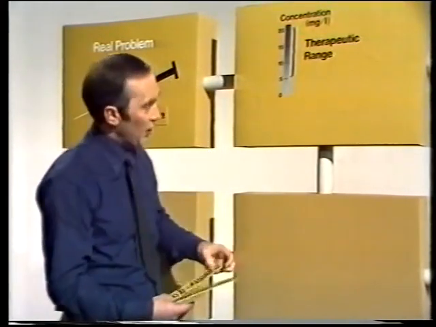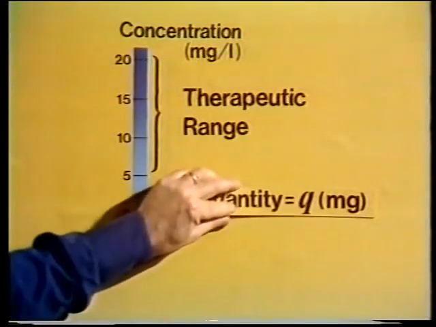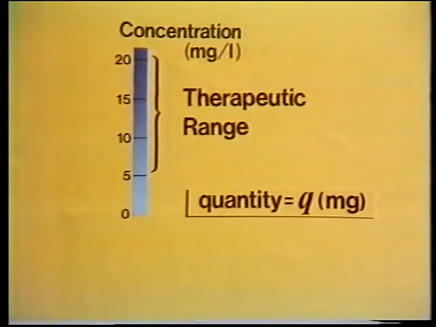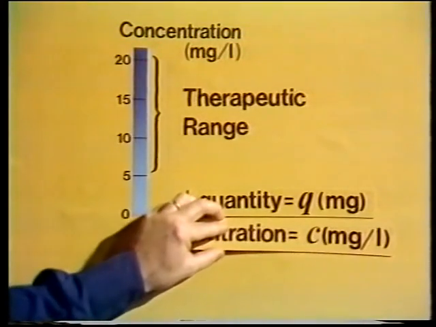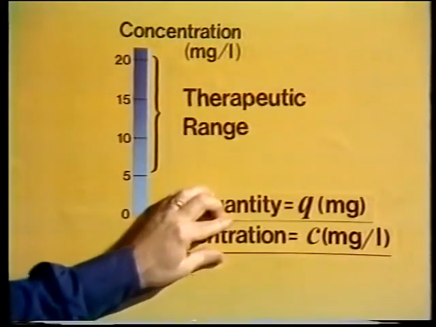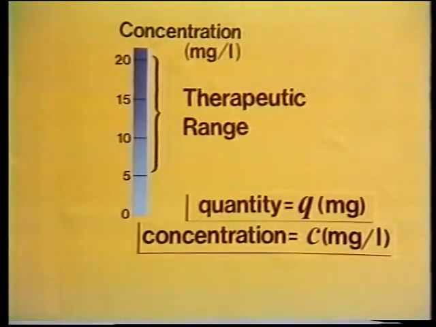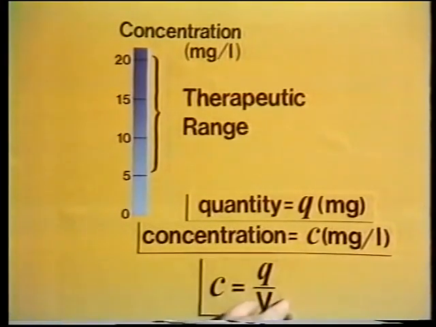If you put in a quantity Q milligrams, and that is spread over V litres and produces a concentration of C milligrams per litre, then the relationship between C and Q is given by C equals Q over V, where V is the volume into which you're putting this drug.